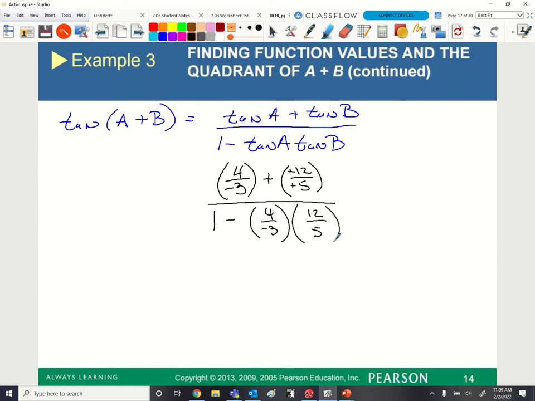The calculator doesn't like radicals because it will give you a decimal all the time. So as long as there are no radicals in this one, I could just plug it in the calculator as is. So I'm going to show you how to set this up in the calculator.